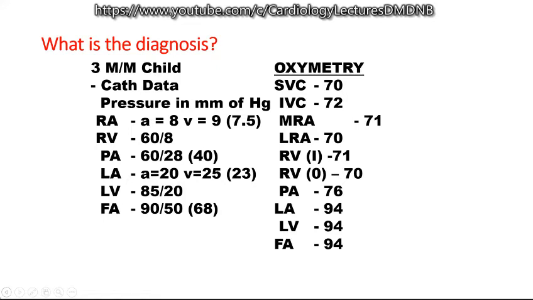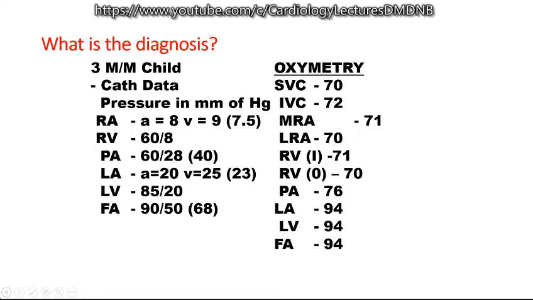What are the situations where the pulmonary artery oxygen saturation can be more than that of the RV saturation? Any man-made shunt? Yes, sir. Aorta to pulmonary artery connections, like subclavian artery to pulmonary artery BT shunt, Waterston shunt, Potts shunt.